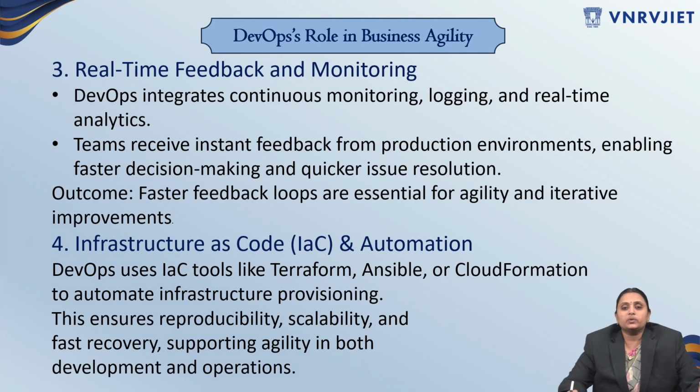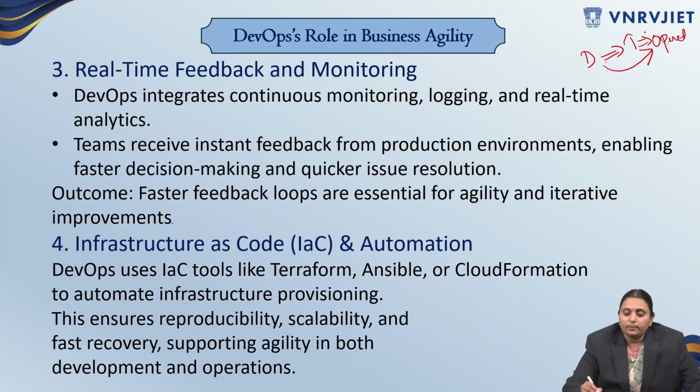And the third way to improve the business is real-time feedback and monitoring. What do you mean by real-time feedback? When the developer has developed the software, it is handed over to the tester. Once the tester tests it, it is given to the operations team. The operations team takes the input from the development team every day and pushes it into the proxy server to test whether the application is working properly or not.